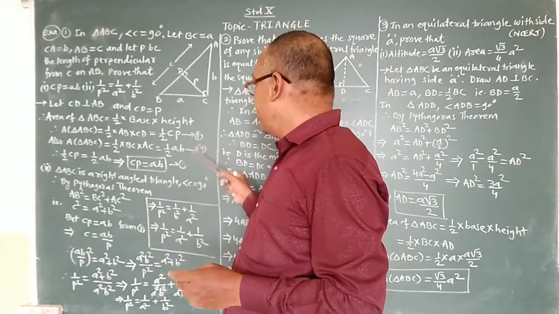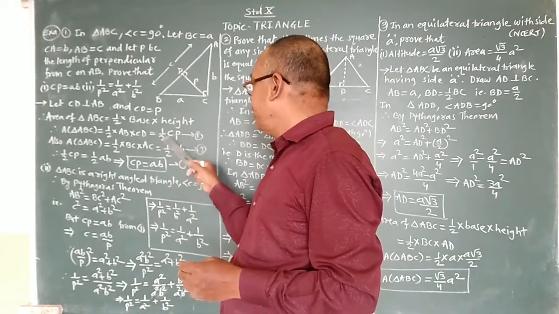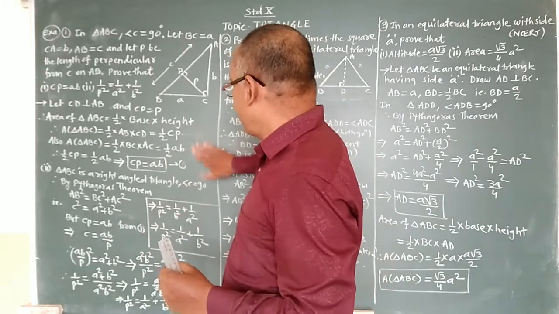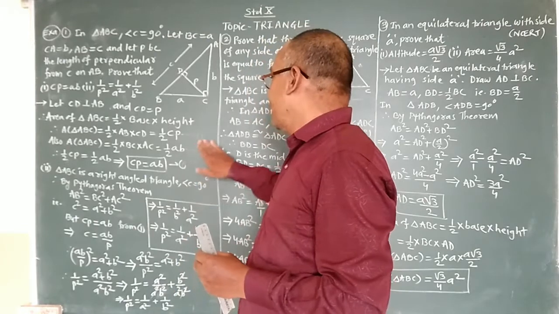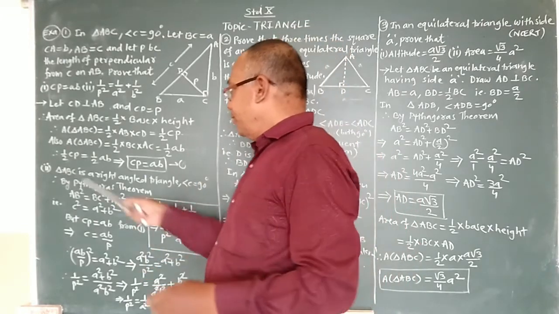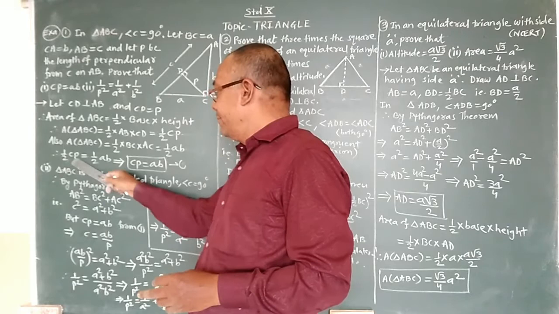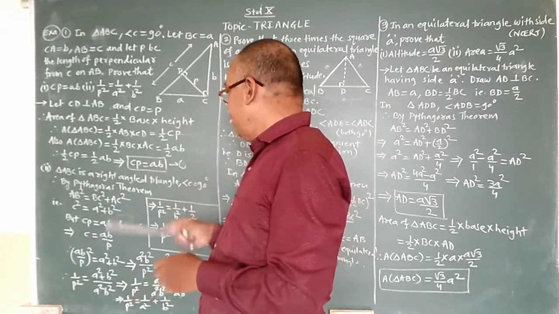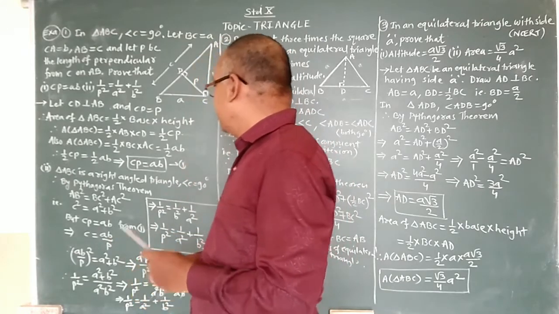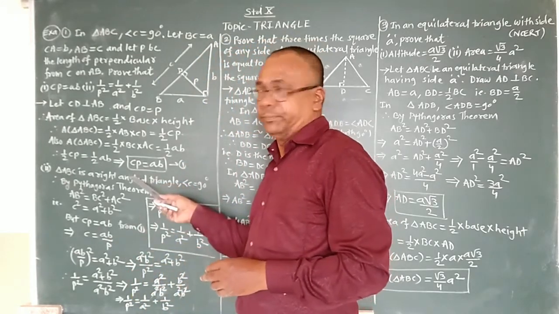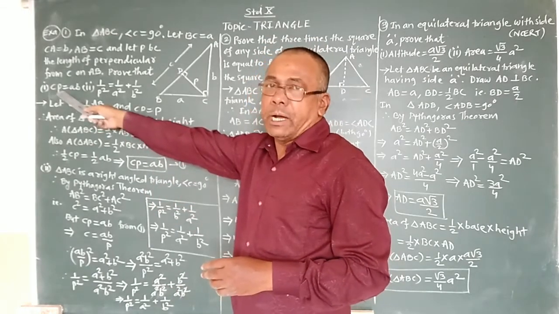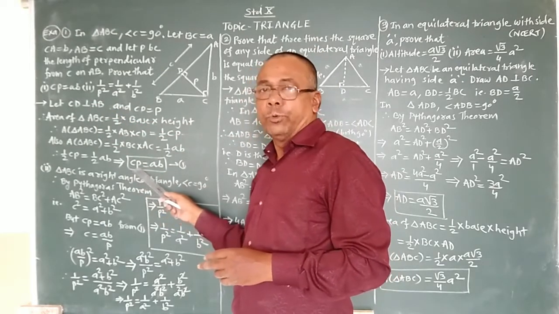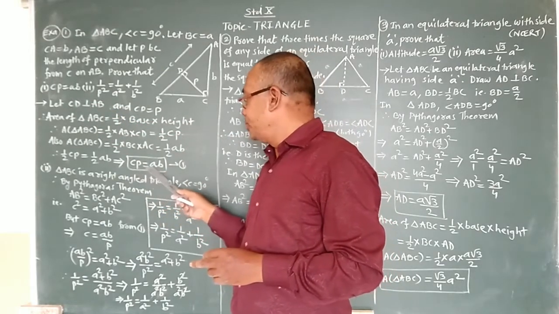Therefore from 1 and 2 we can write that 1/2 cp is equal to 1/2 ab. Here 1/2 will get cancelled and then we will get cp is equal to ab, which is our required answer. We were asked to prove that cp is equal to ab, and in this way we have proved it.